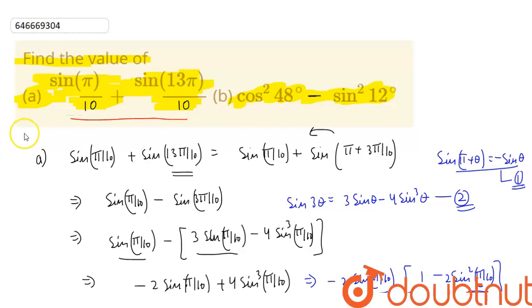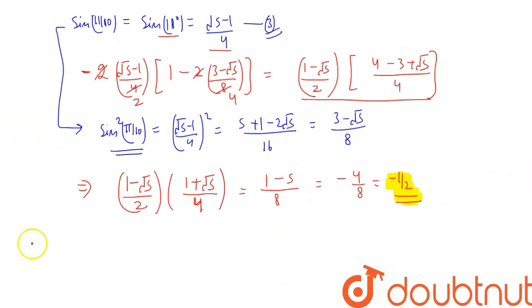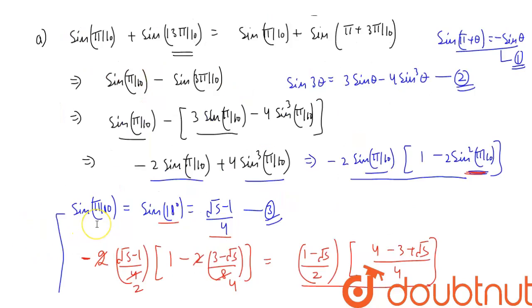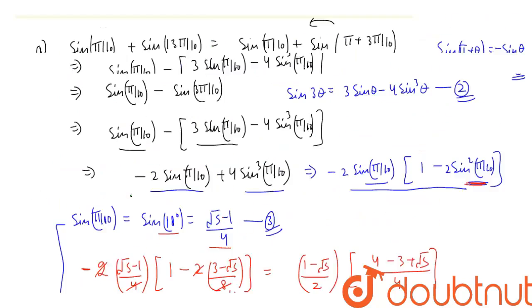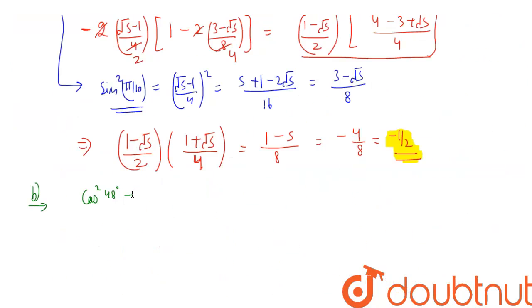So in the second part, we are given to find the value of cos square 48 degrees minus sine square 12 degrees, like this.